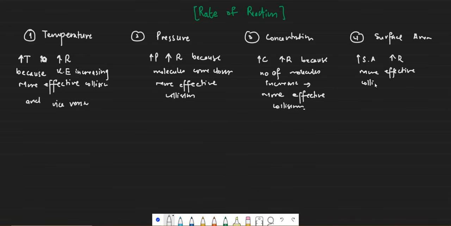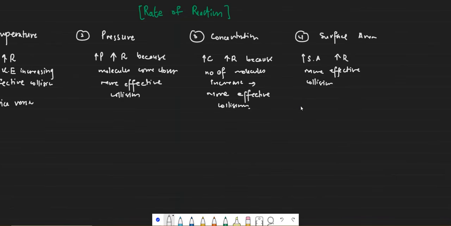Now here one thing needs to be clarified. Let's say you compare powdered zinc with zinc chips, chips as in pieces of zinc, not French fries. Which one will have more surface area? Just remember that the smaller the size of the particle, the more surface area it has.